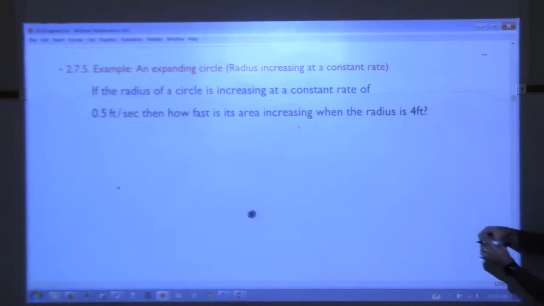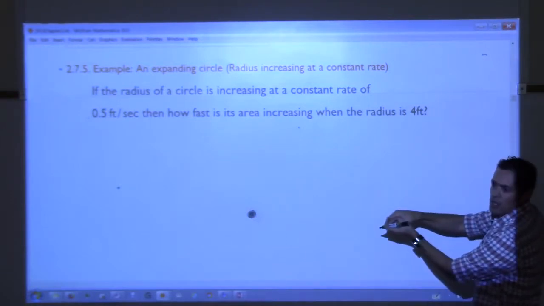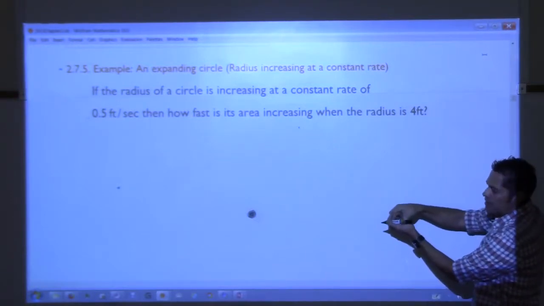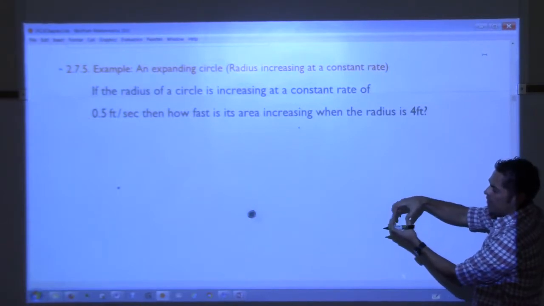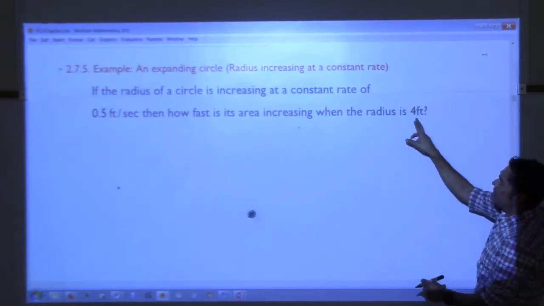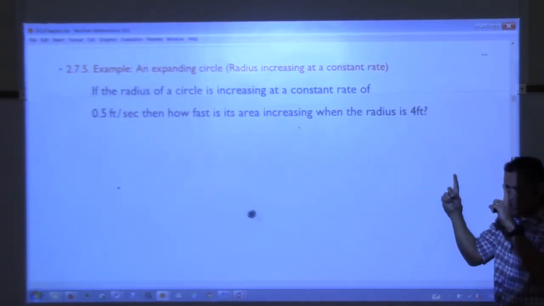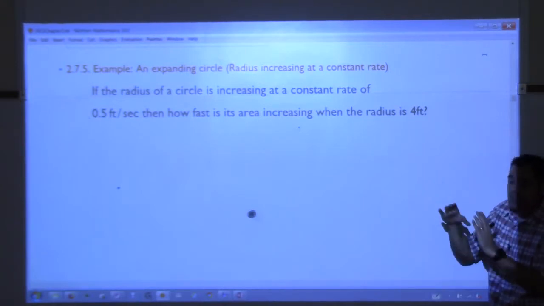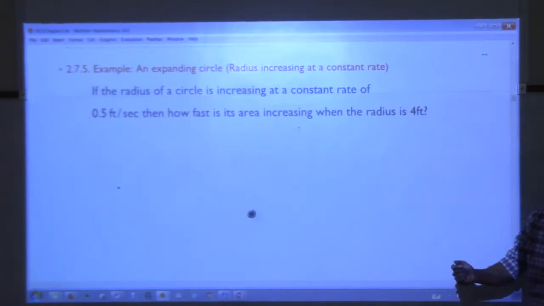So you've got this circle, it's growing, half a foot a second. That's how fast the radius is growing. At exactly the moment that the radius is 4 feet, snap the picture, how fast was the area changing at that instant?